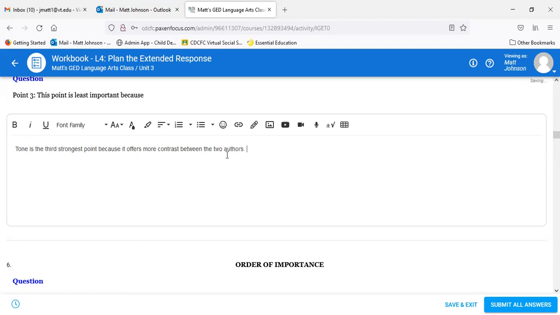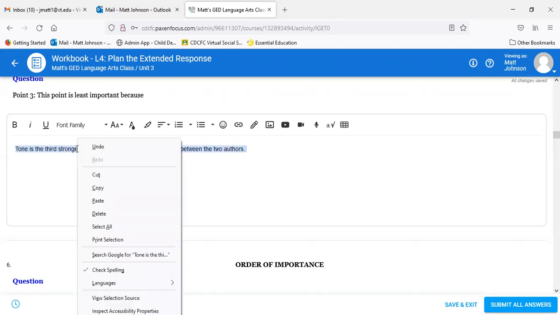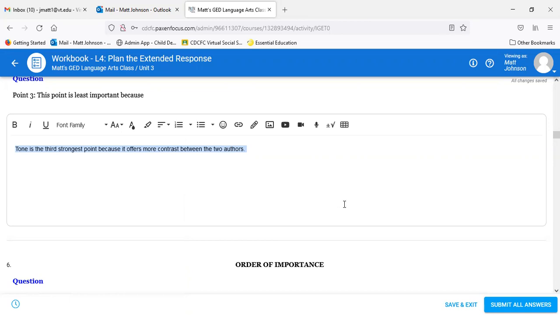Okay. And the other point to make here is that you are building towards supporting one passage over the other. So you also need to thread that into your paragraph.